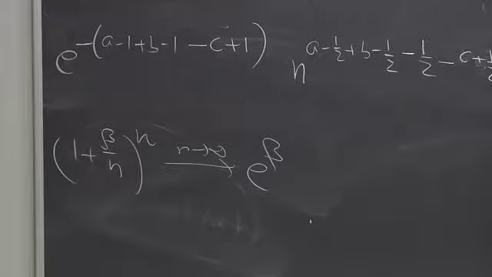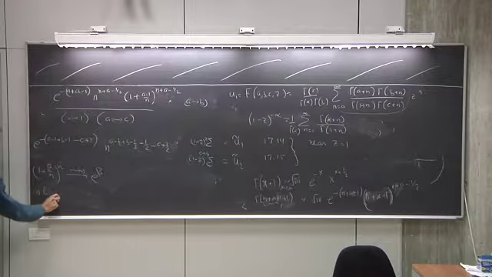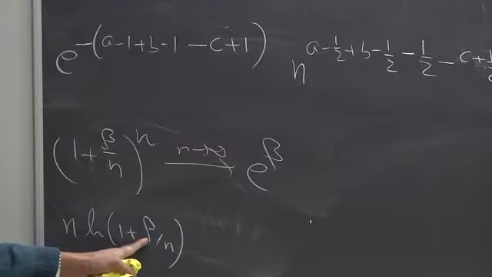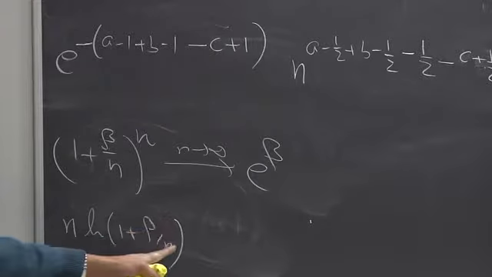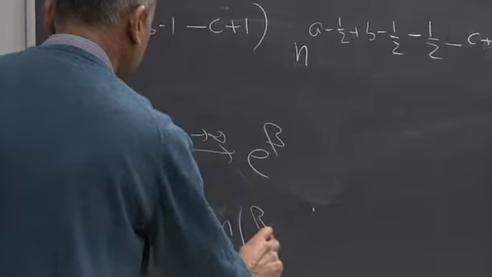How will one see that? I think you can just take log on both sides. Log of this side will be n log of 1 plus beta over n, right? But we are looking at the large n limit, so this is a small quantity. I can make an expansion for the log. So that is simply n times the first term, beta divided by n.